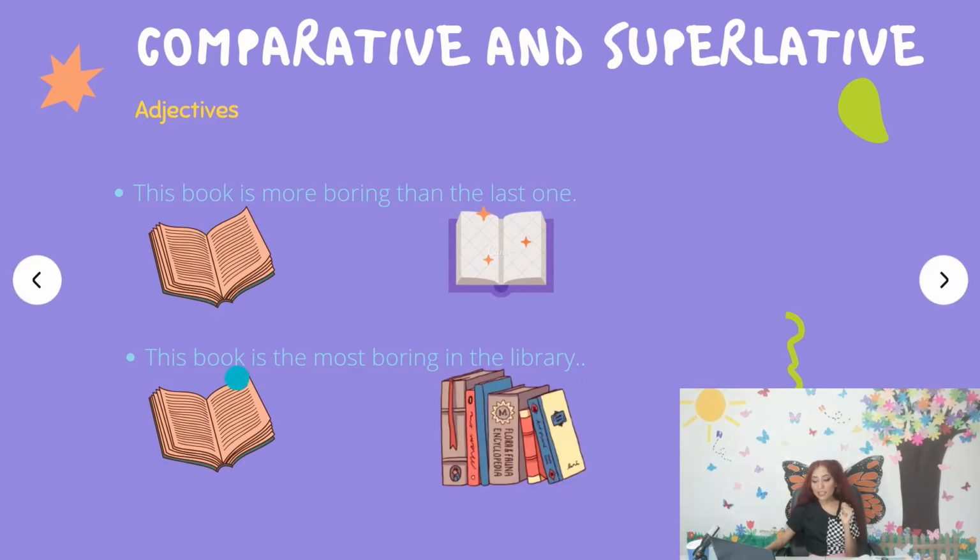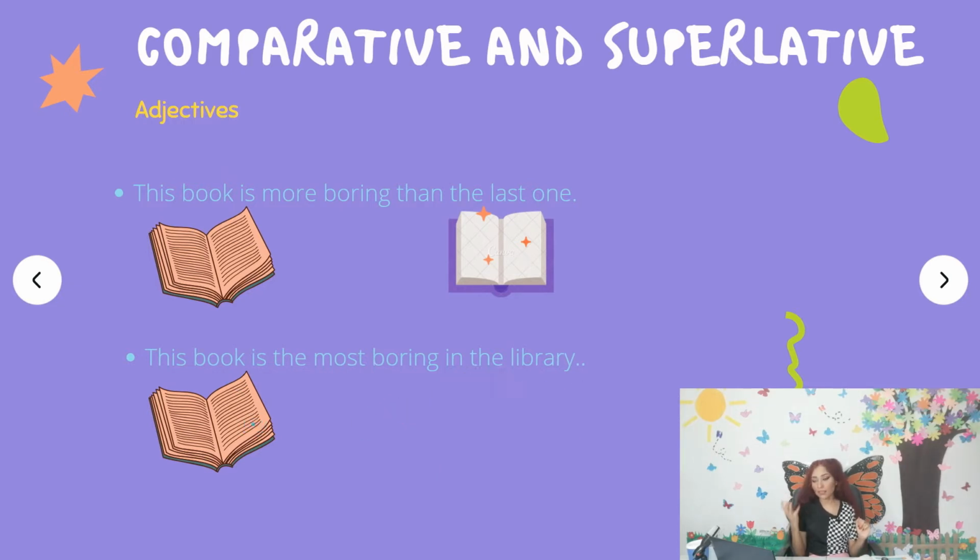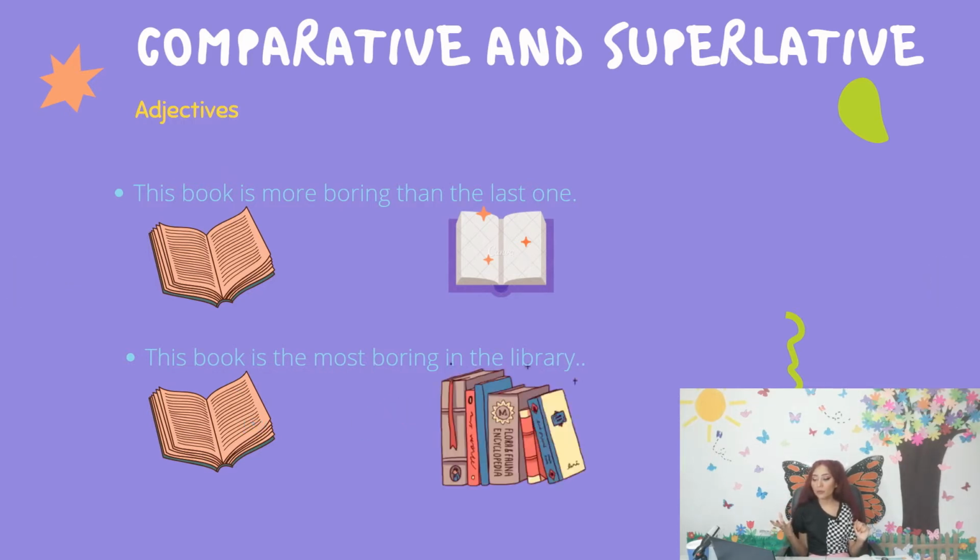And the next one, this book is the most boring in the library. I keep comparing this book, but we know that in a library there are a lot of books.